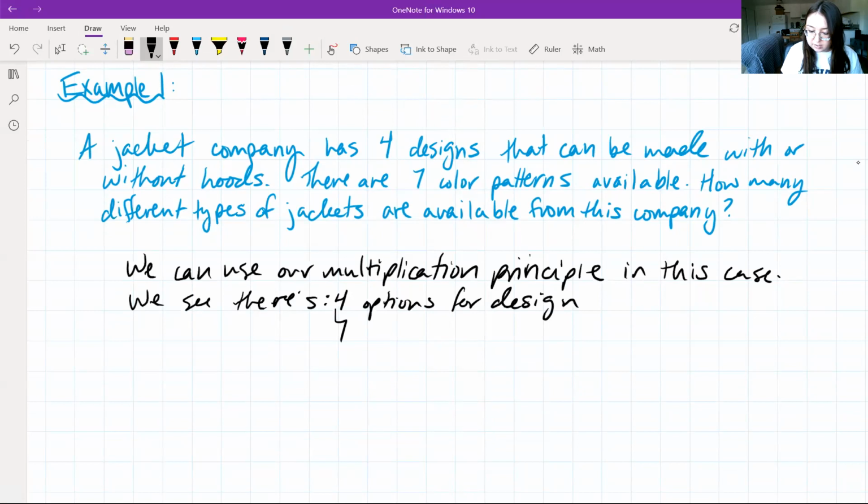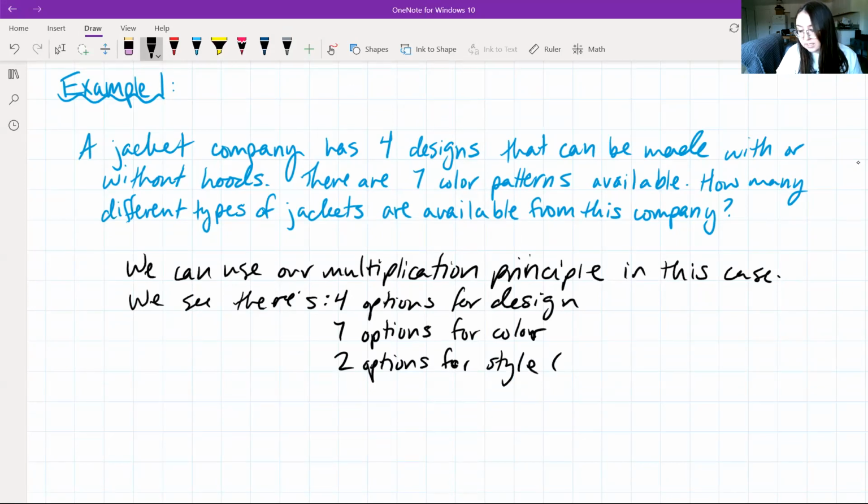There are 7 options for color and 2 options for style. And style is what we're going to consider with or without hood. All right, so we have all of our different options for our different categories.